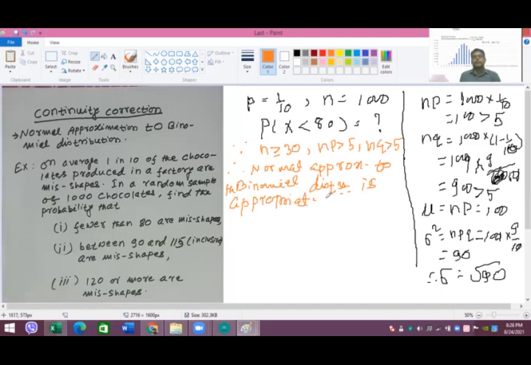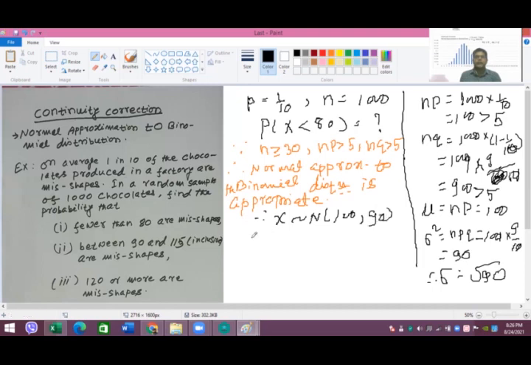Alright, and now it says to calculate. So therefore you can say X now follows a normal distribution with mean mu equal to 100 and the variance value is 90.